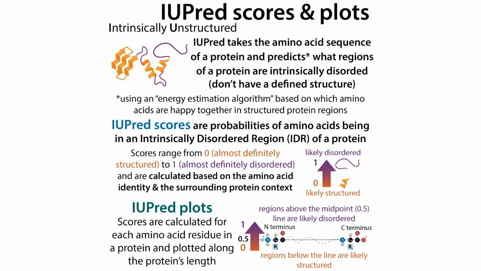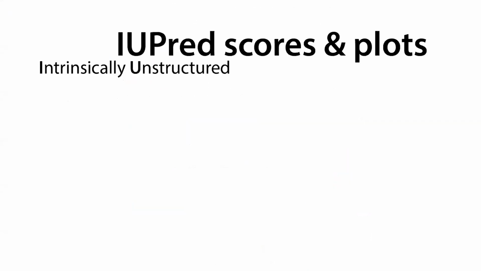So I'll tell you a little bit about the theory, and then we'll look at some examples of how you can use this software to generate the IUPred scores and plots for any protein that you're interested in. So first, though, I want to tell you about what these scores actually are.